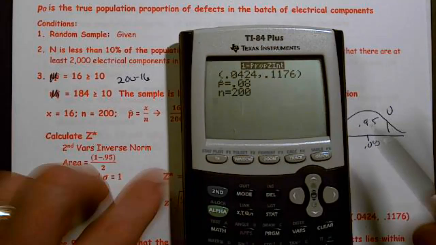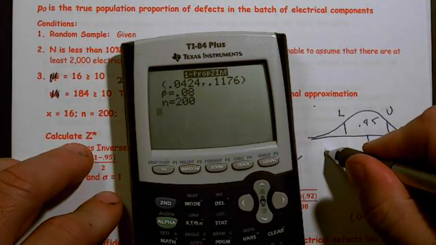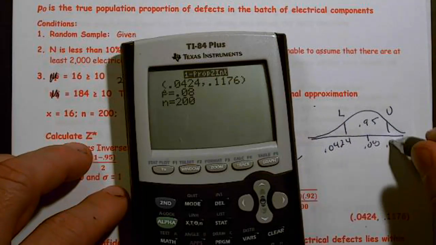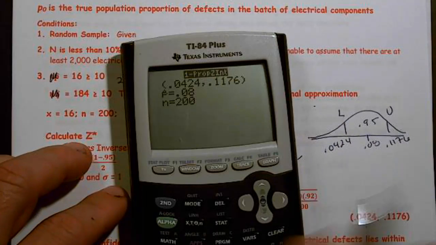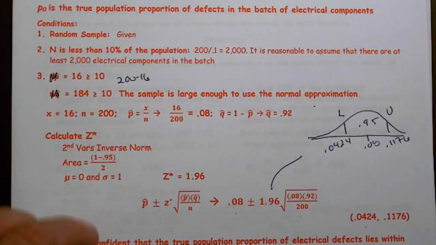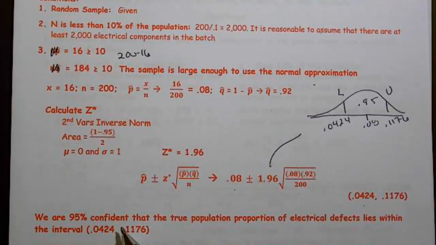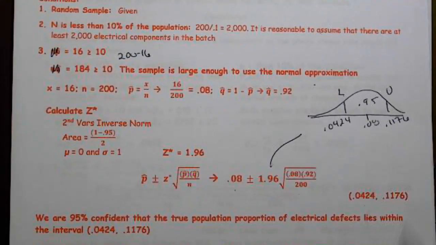And we end up getting a lower bound of 0.0424 and an upper bound of 0.1176. And we need to have our concluding statement, which is we are 95% confident that the true population proportion of electrical defects lies within the interval.